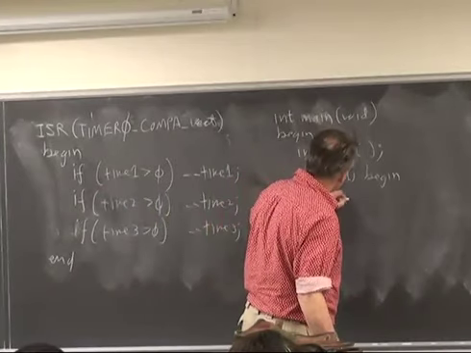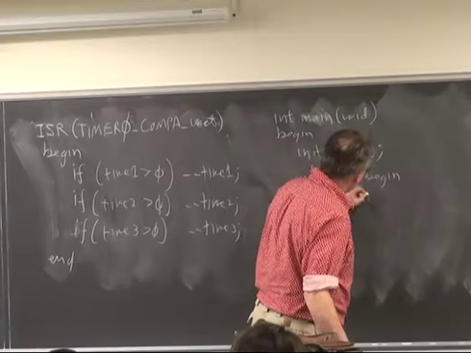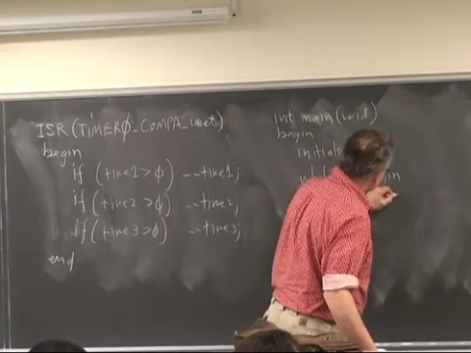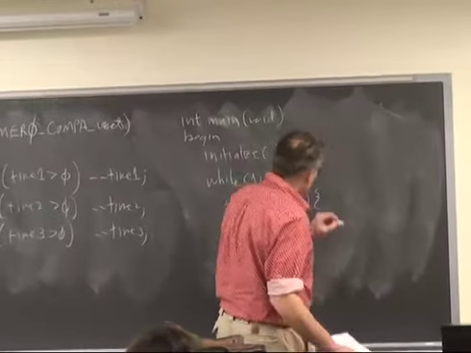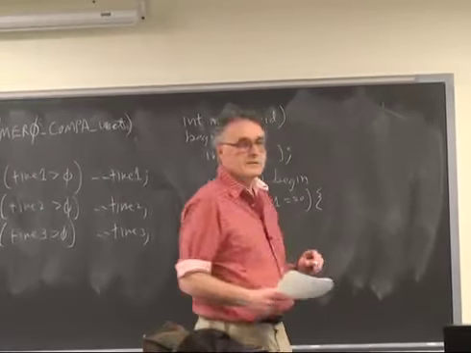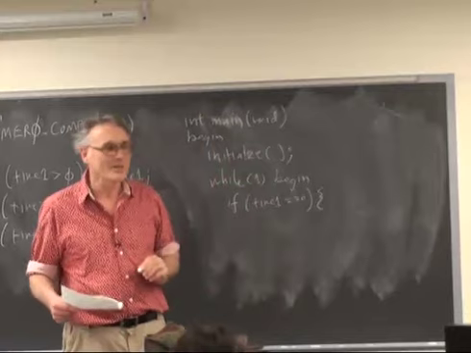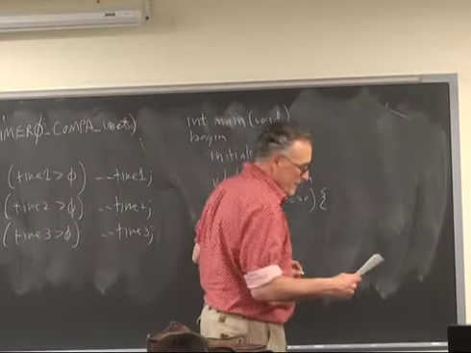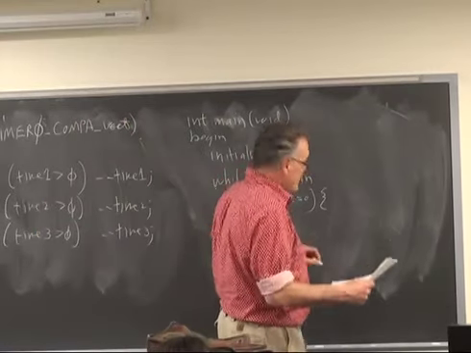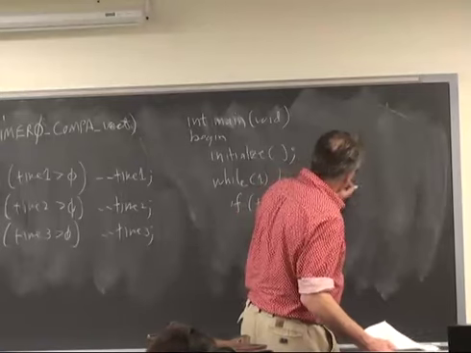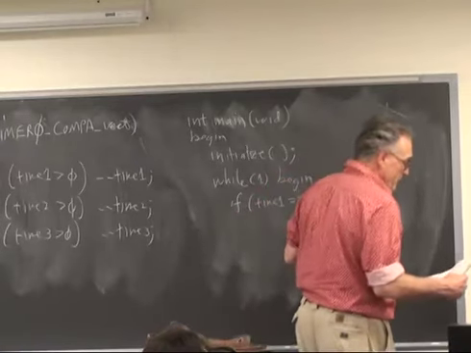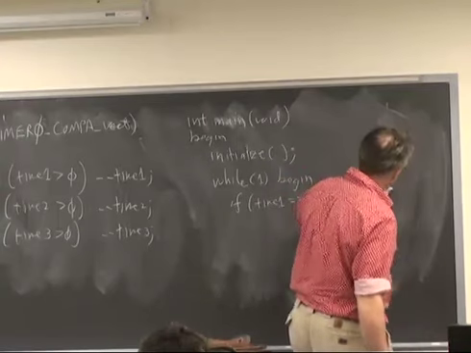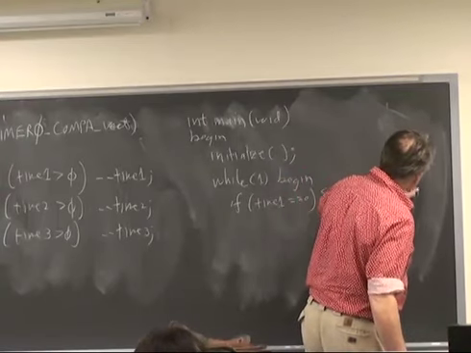If time1 equals 0, then, oh, I used the curly brackets here because I wanted to be a little terse and put it all on one line. time1 equals t1, and then we're going to call task1.